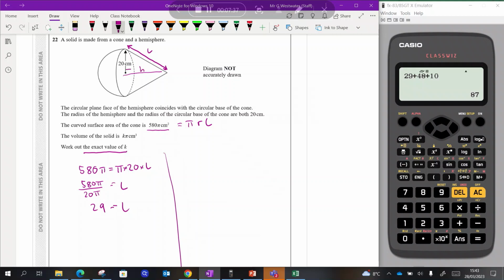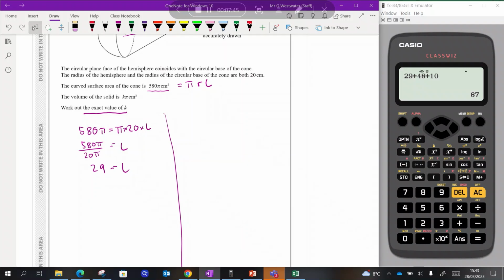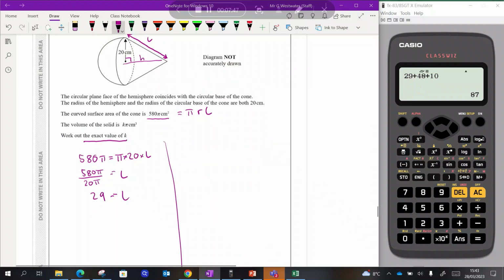So what I've got here is a little right angle triangle inside a cone. I've got to use Pythagoras' theorem again. So what we have is this sort of triangle, 29, 20. Okay, so what's h? So 20 squared plus h squared is going to be 29 squared.